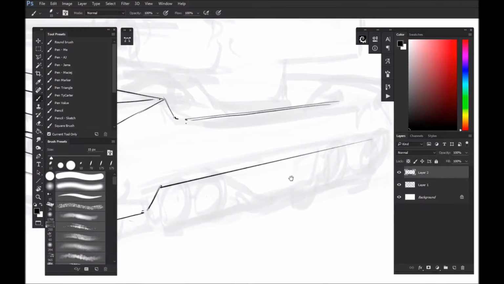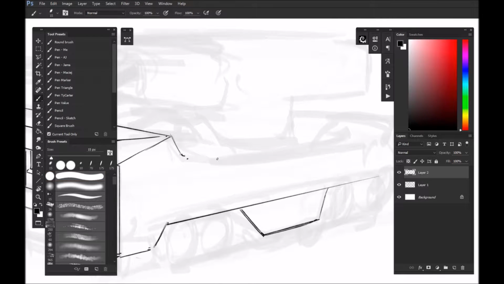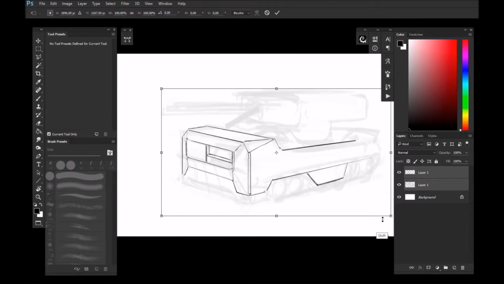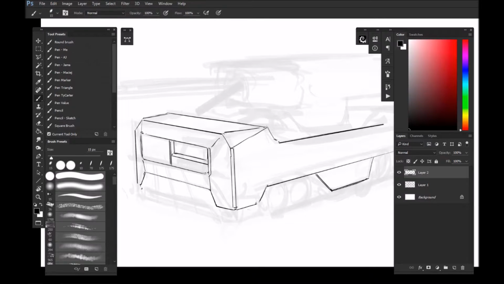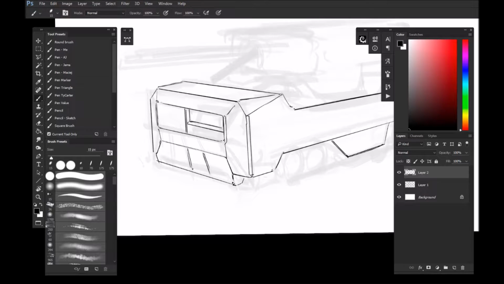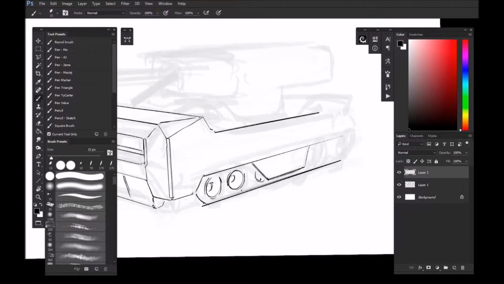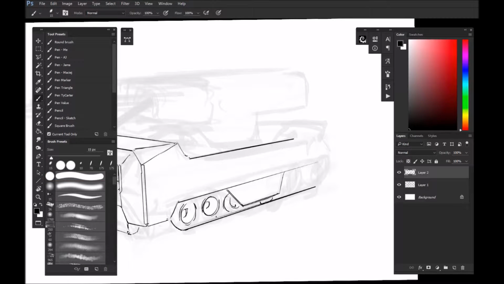People might look at them and find them to be a bit weird or a bit different, but they know that this is a weapon. This is a tank. This is what a design must have, no matter how crazy you go with the details or with the shapes. People need to have some sort of connection to the design, so when they look at it, they immediately know what this is about.